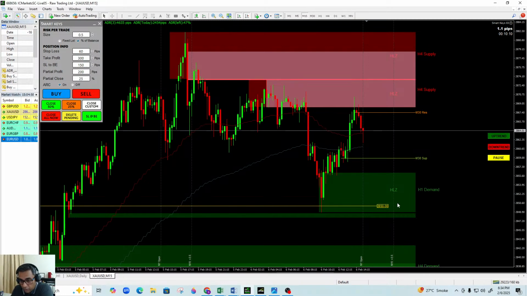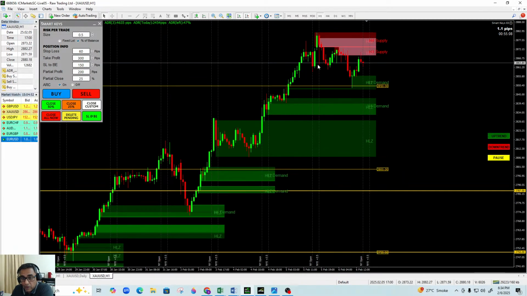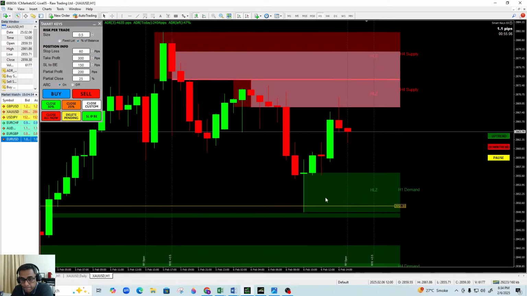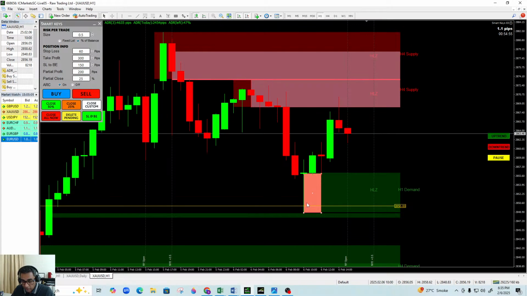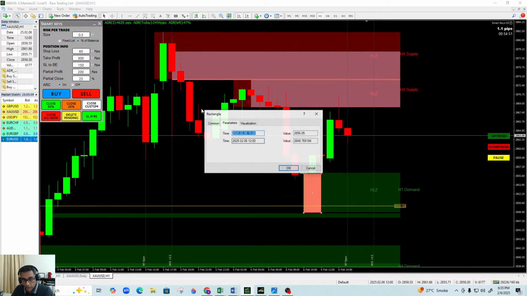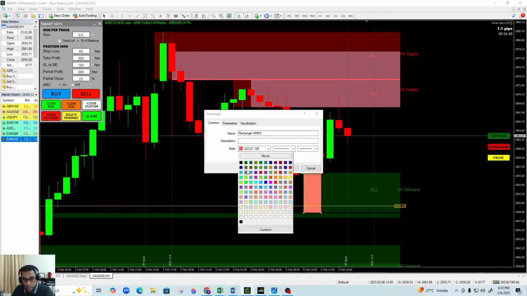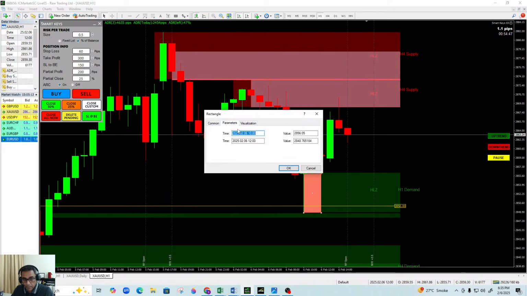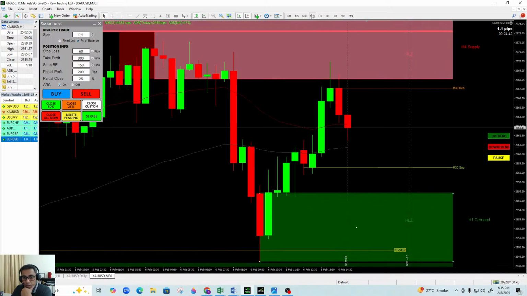Now let's look at this zone here and see if there's a liquidity candle here. So whenever I see a wick here, I do mark the wick, because the wick by definition from a key area is a liquidity wick, right? So I'm going to mark that. Let's go down a 30-minute time frame.